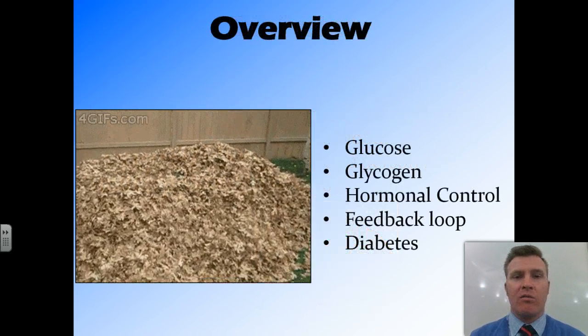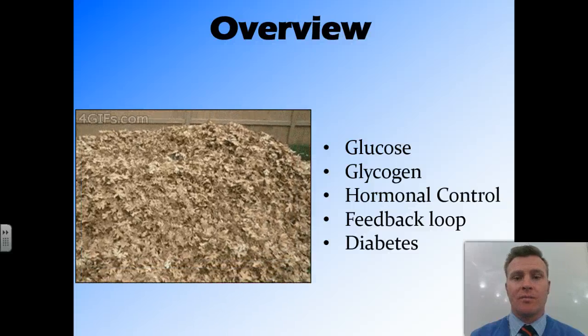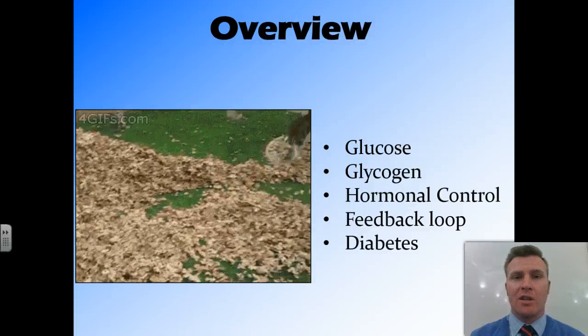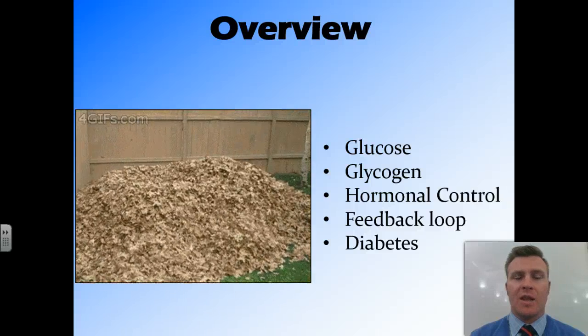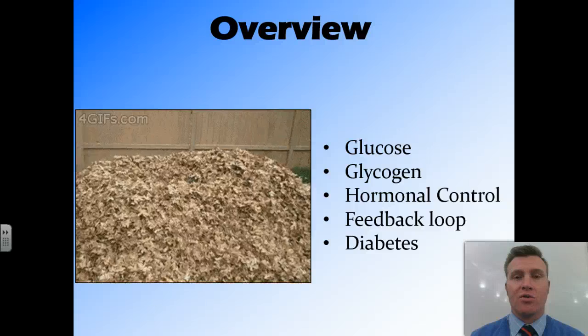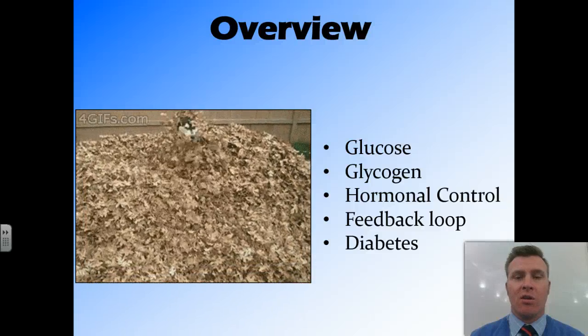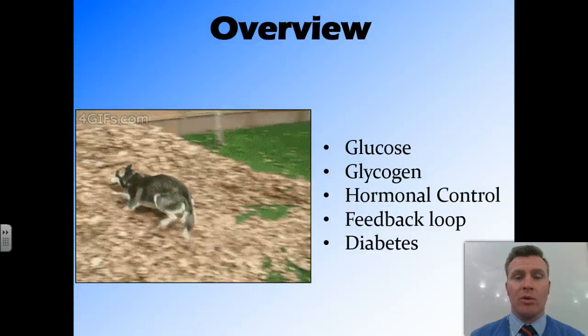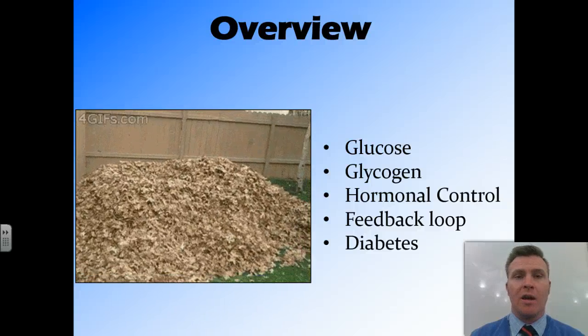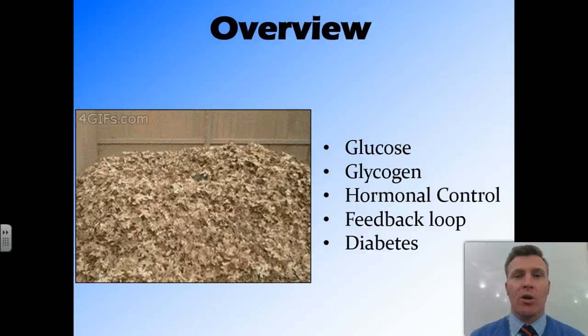In this video, we've looked at glucose, we've looked at glycogen as the way that glucose is stored in the body, we've looked at the two hormones that control the process of turning glucose and glycogen backwards and forwards from and to one another, and that is insulin and glucagon.